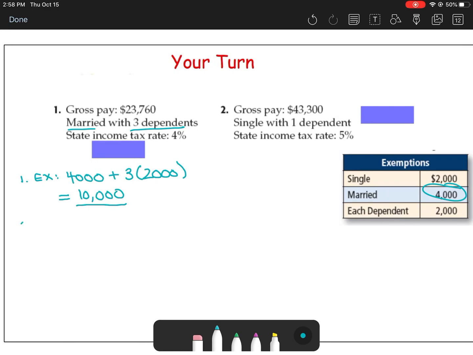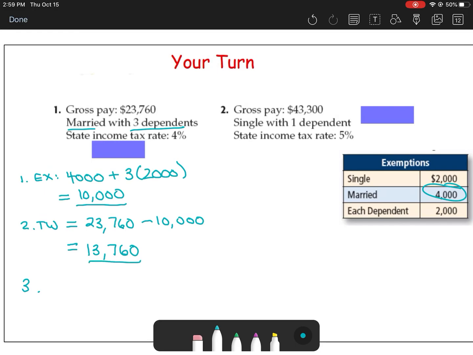Step 2, I need to find my taxable wage. My taxable wage is equal to my gross pay minus my exemptions. So I get 13,760. And then my last step is to find my state income tax.